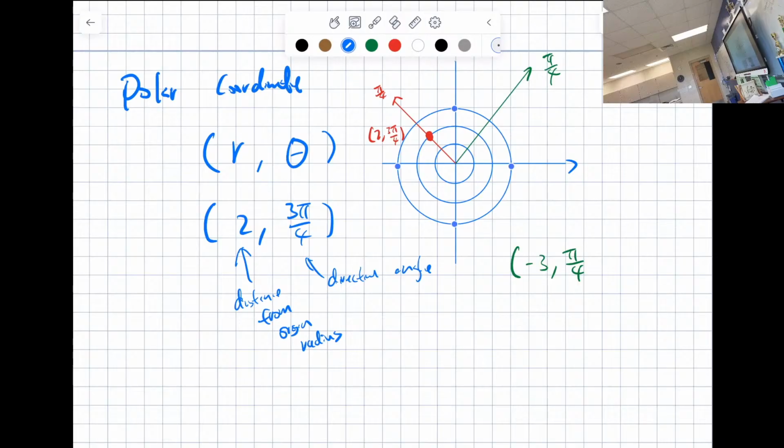Now, I'm going to show you how to get to polar coordinates. You click on the wrench, and you see that wrench right here. There's a grid. Do you see that grid? That's a polar grid. Click on the polar grid.